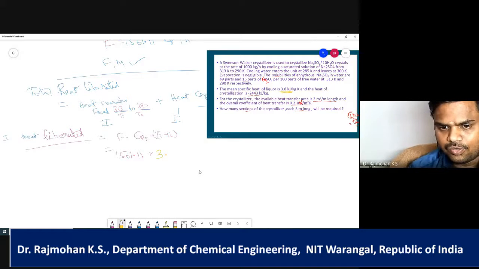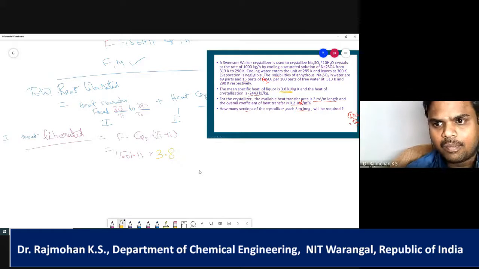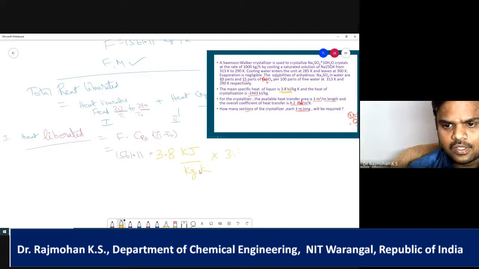Sorry that I said 2443, that is the heat of crystallization. The mean specific heat of liquor is 3.8 kilojoule per kg Kelvin, and the temperature difference is 313 minus 290. So substitute the values: 1561.11 into 3.8 into 23 Kelvin.